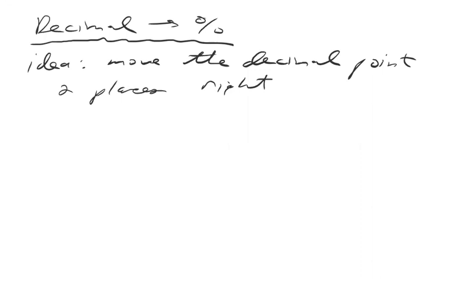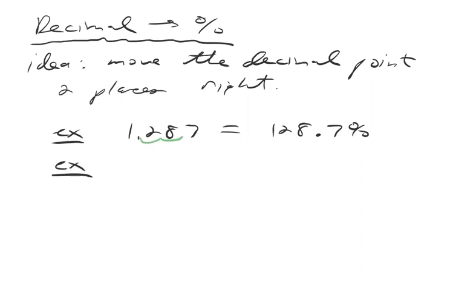Now, if I give you 1.287, that's a decimal. As a percent, that'd be 128.7%. I move it 2 to the right, 1, 2. I could go 0.0371. If I move that 2 to the right, I get 3.71%. 1, 2.